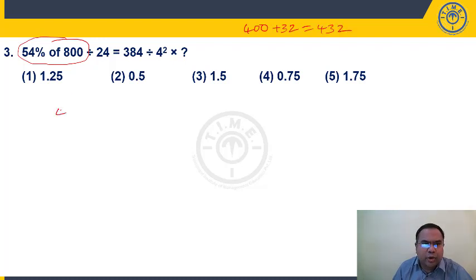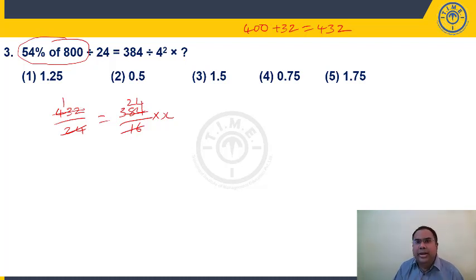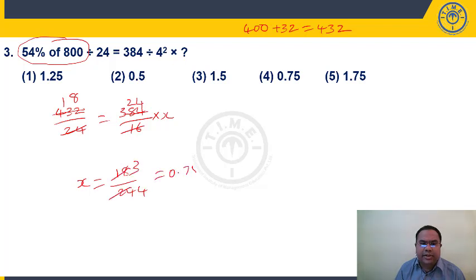So 432 by 24 is equal to 384 by 4 square is 16 into x. 16 2s 32, 64. 16 4s. 24 ones 24, 192. 24 how many times? Right? 8 times. So x is equal to 18 by 24, 6 3s, 6 4s. 3 by 4 is nothing but 0.75. 0.75 is present in the fourth option.